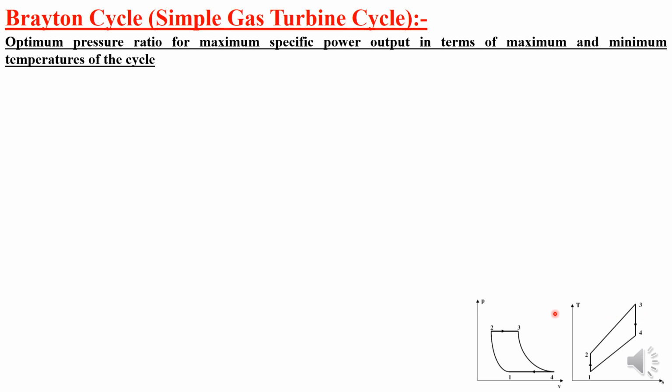You can just look into this TS diagram. In this TS diagram you can see the maximum temperature is T3 and minimum temperature is T1. So you have to give the expression for optimum Rp, when the power output of the cycle is maximum, in terms of T3 and T1.